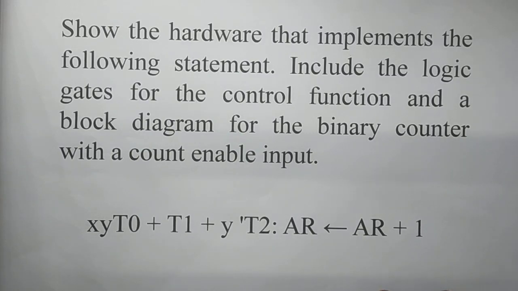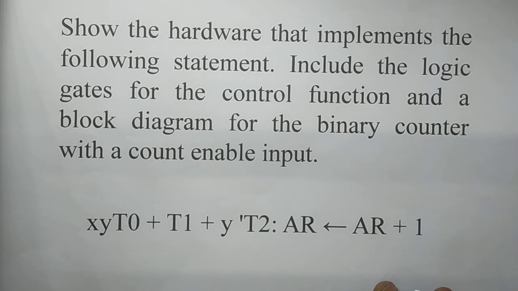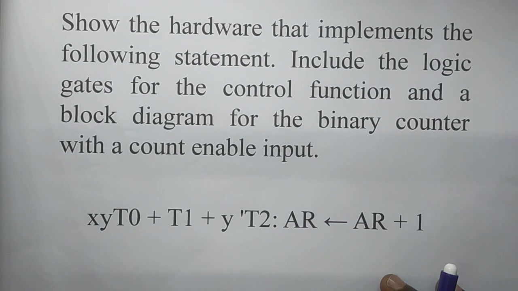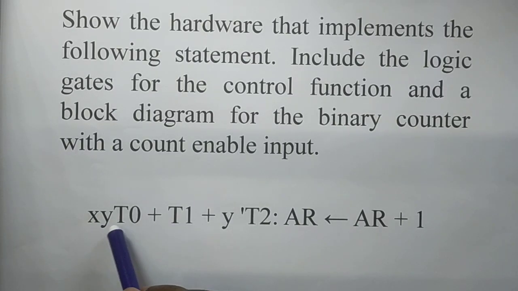With the help of some logic gates for control functions and a block diagram, we have to design this with the help of a binary counter. I will show you how it will be designed. You can find out the basic requirements to draw this block diagram in a very simple way. Here you see three control variables will be considered: x, y, t0.